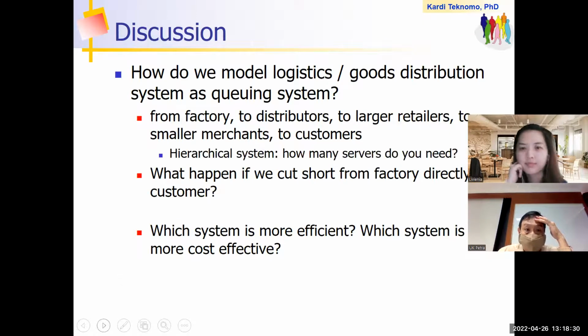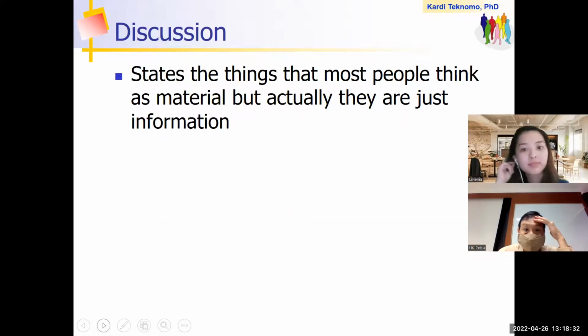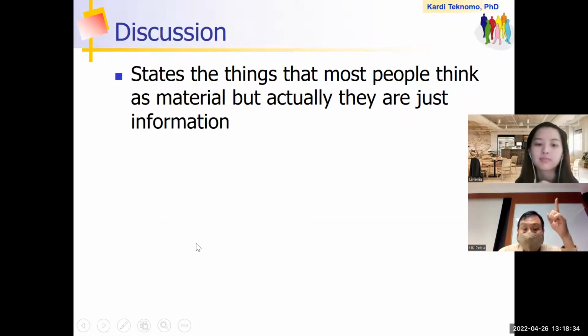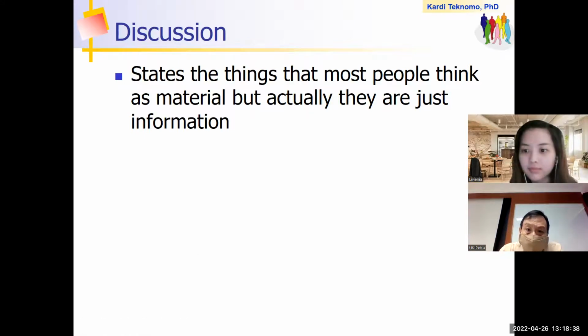Before going into this, I'll come back here later. Here is the actual discussion I want you to think about: what most people think is material, but is actually just information.